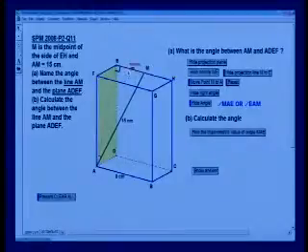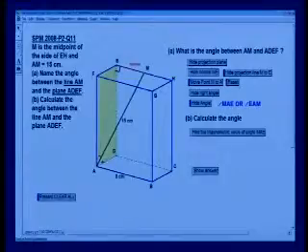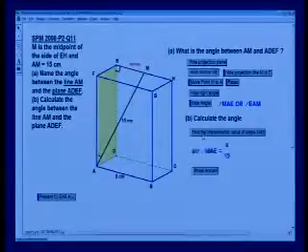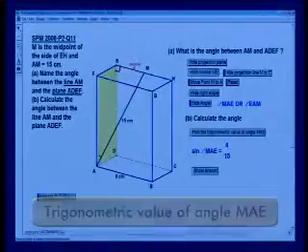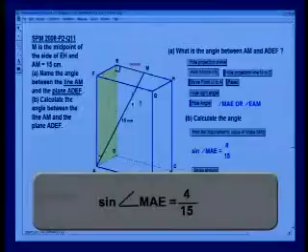The opposite side is EM, which is half of AB, 4 cm, and the hypotenuse is 15 cm. So we can find the trigonometric value of angle MAE: sine of angle MAE is equal to the opposite over the hypotenuse, that is 4 over 15.